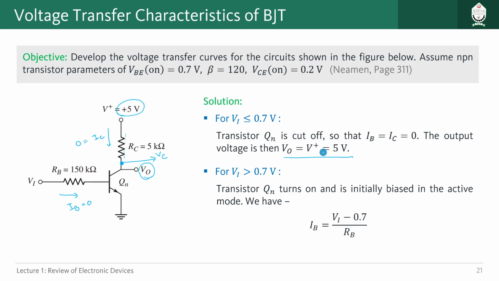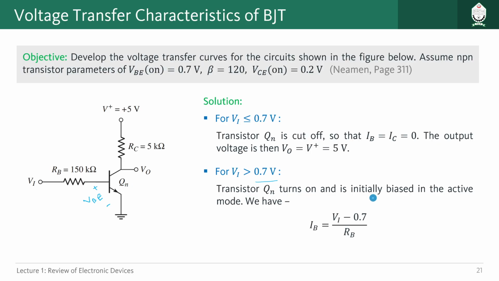Very easy to understand. Now let us look at another case where voltage Vi is more than 0.7 volt. Then obviously if this voltage is more than 0.7 volt, it will help us to have a forward bias here. So VBE should have a forward biased condition, and this Q1 will get turned on, right?